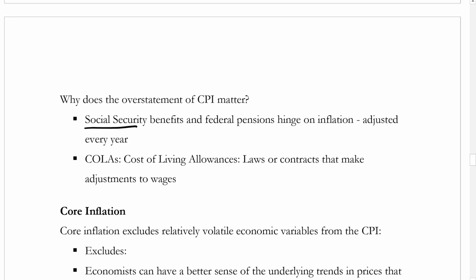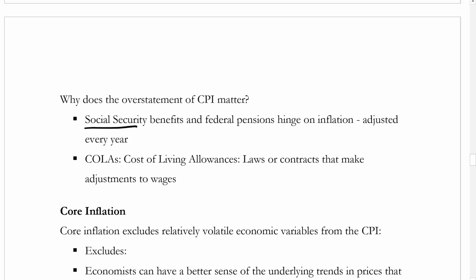But if they use the consumer price index, and if the consumer price index is overstating the cost of living, then that means the federal government is sending out more money than it needs to in order to compensate the beneficiaries for their extra cost of living. And so this has certainly implications for the sustainability of these types of Social Security programs and pensions.